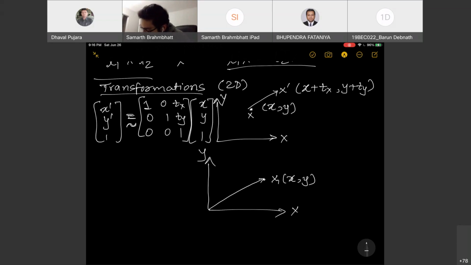We want to rotate it by some theta degrees of rotation.